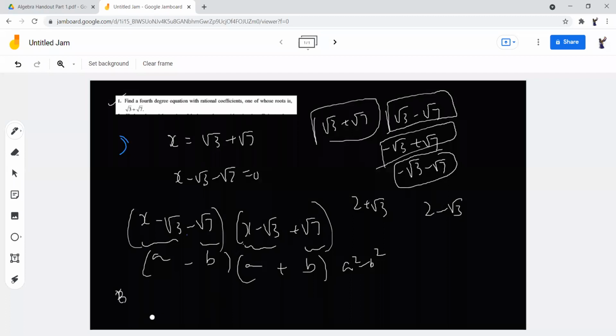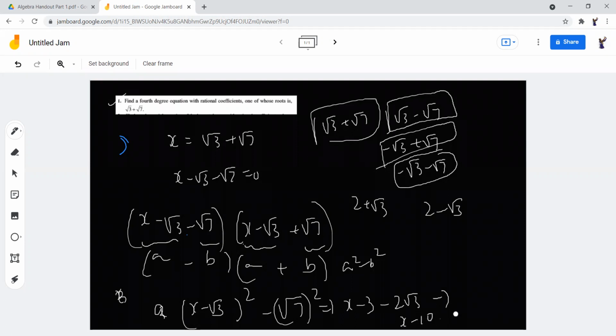So what I get is x minus root 3 whole square minus root 7 whole square, which is nothing but x minus 3 minus 2 root 3 minus 7. So I get x minus 10 minus 2 root 3.